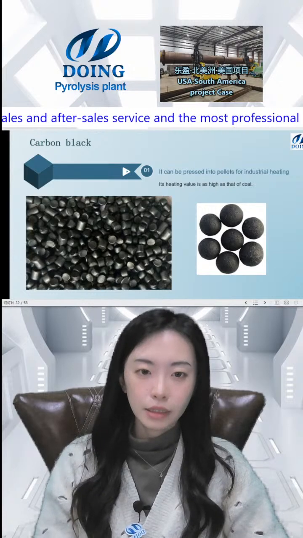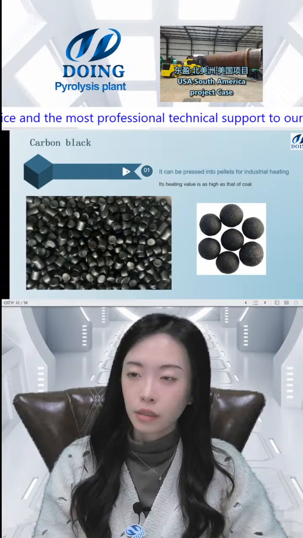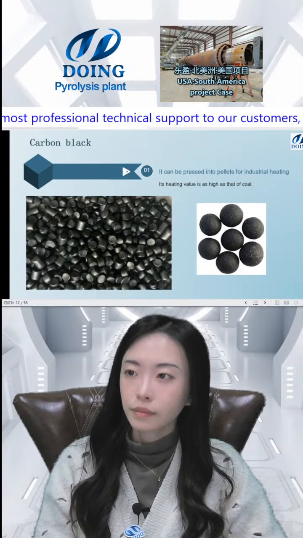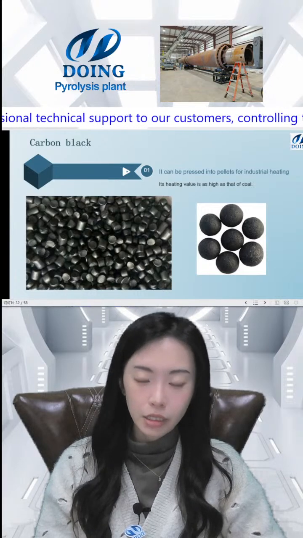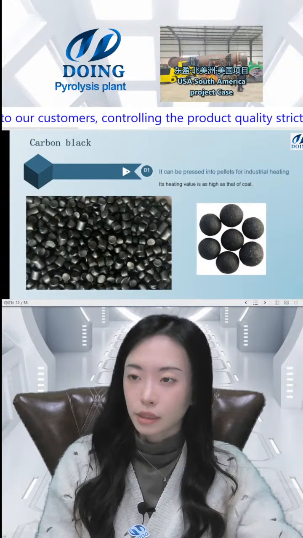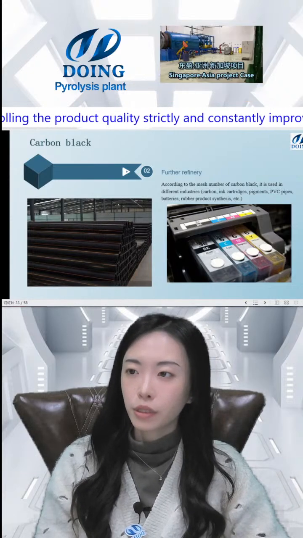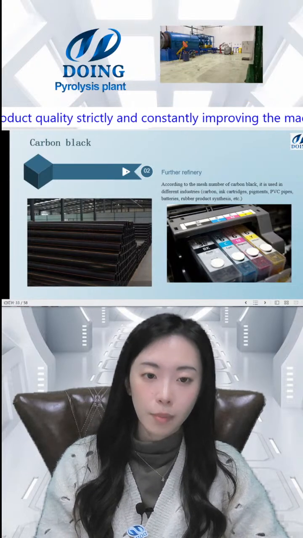And the second is the carbon black. It can be processed into pellets for industrial heating, with a very high heating energy, just as high as coal. It can also be further refined according to the mesh numbers of the carbon black.